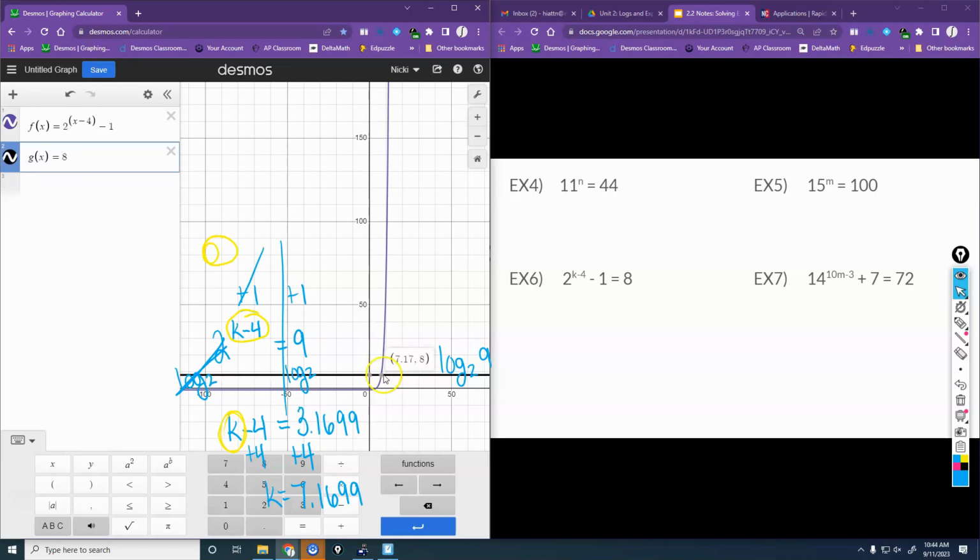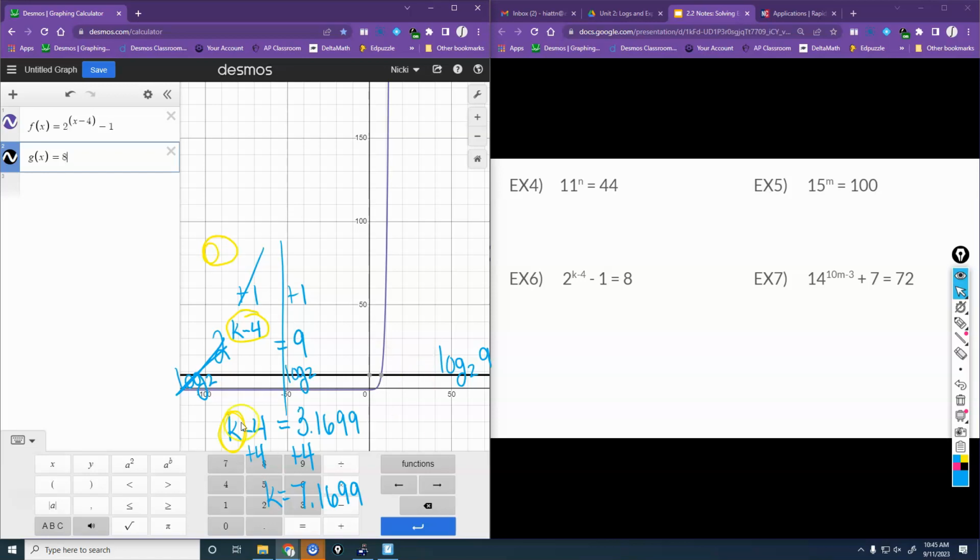I will look at where they cross. They cross at 7.17. It doesn't give you enough decimal places, which might be a problem typing it in, but 7.1699 is equal to 7.17 if it's rounded a little bit shorter. I think probably on the quiz I'll do 3 decimal places. Our worksheet today says 4, and our practice says 4, but just because Desmos rounds to 3 there, I might make it 3.